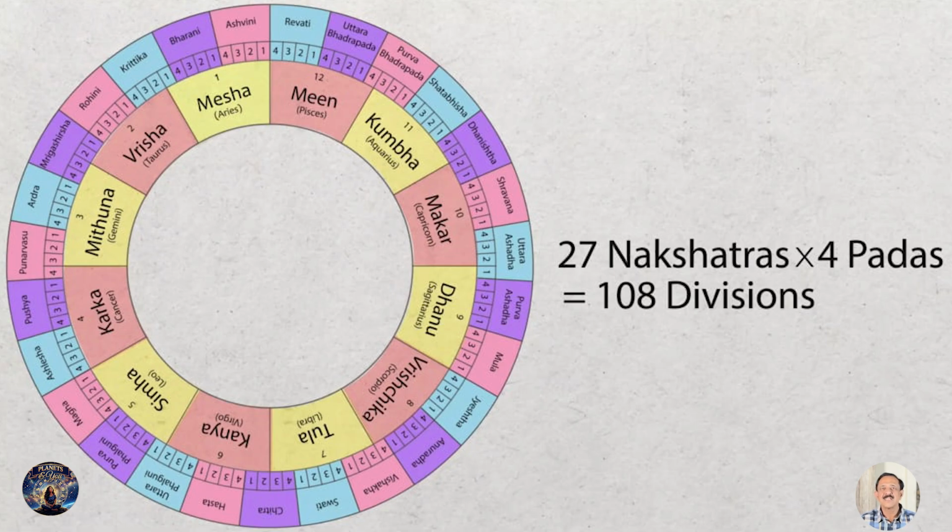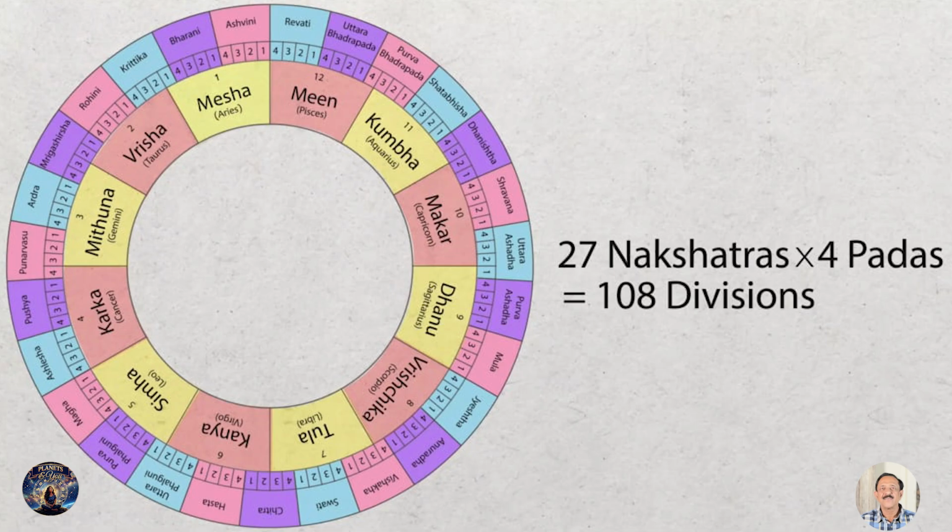Now, these 27 nakshatras having 4 padas each make 108 padas in total. Similarly, each zodiac sign accommodates 9 padas and there are 12 signs. 12 times 9 is again 108. So, this way the 27 nakshatras get perfectly placed in the 12 zodiac signs.